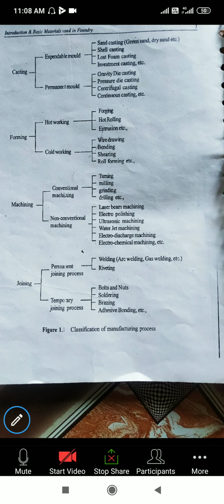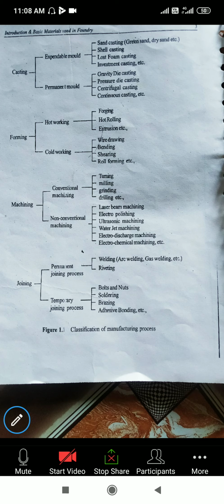Okay, now next we'll go for the forming. There are two types of forming methods. One is hot working and the second one is cold working. In the previous class I have explained this.